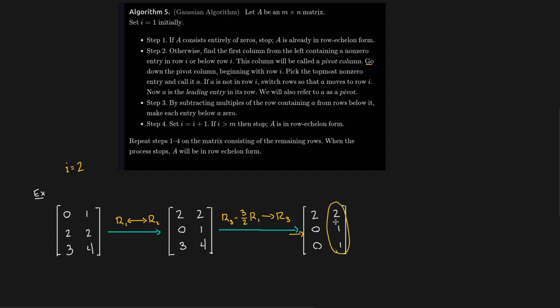So going to column 2, I do have some entries that aren't 0 there, so I'm going to use column 2. Okay, that's going to be my pivot column for this round of the algorithm.